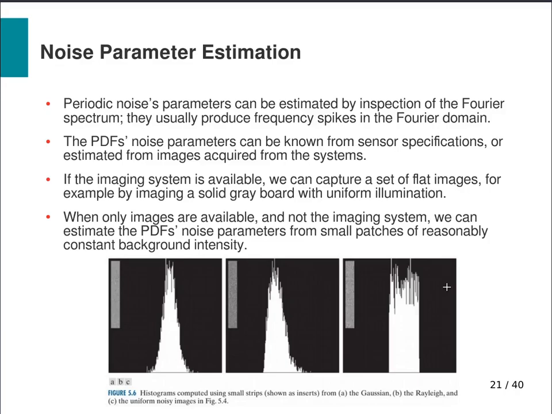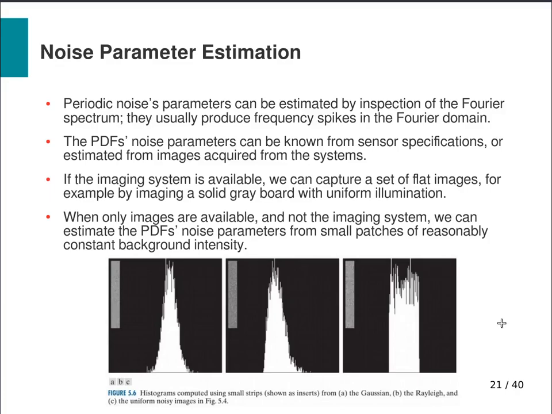But what if we only have the images that are captured? We don't have access to the imaging system. In this case, what we can do is estimate the noise parameters of the PDF from small patches of regions in the image that are mostly constant intensity. This is an example of this procedure.